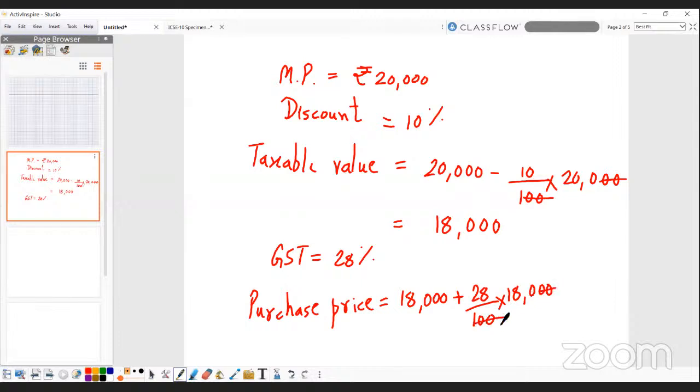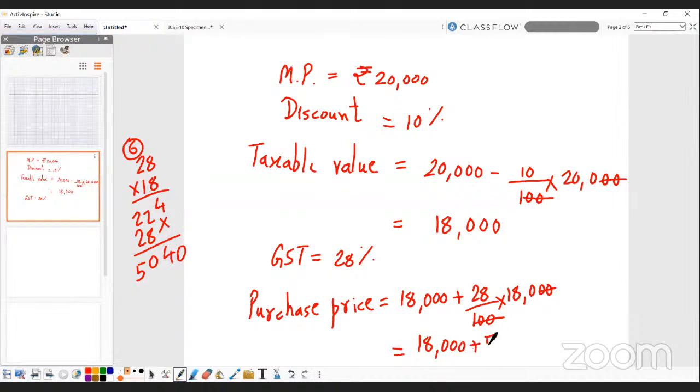The zeros will cancel each other, and this 28 into 180. What is 28 into 18? 4, 6, 22, and 28. You will get 5040. 18,000 plus 5040. It will be 23,040. Right? That is the purchase price, rupees 23,040.